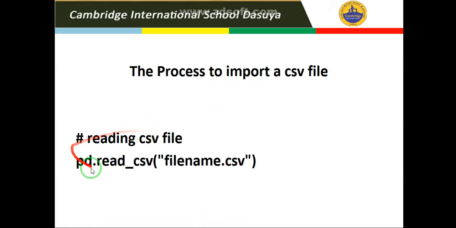So our process is now reading a CSV file. In reading a CSV file, we are going to use this read CSV function. What it does is it basically reads a CSV file. The parameter we are going to pass is the file name that we are going to import in our Python.